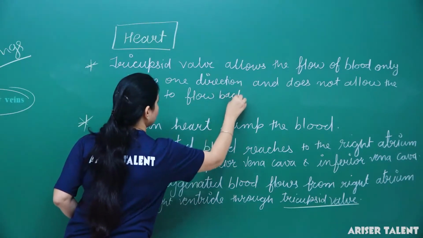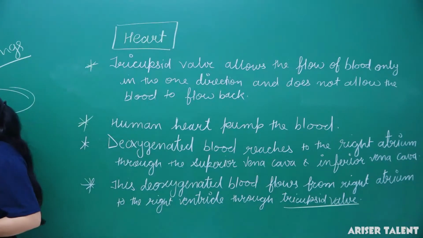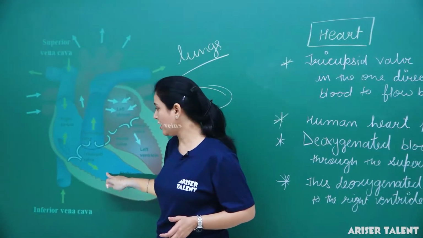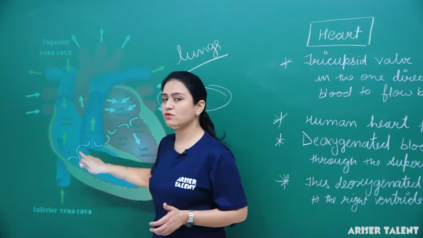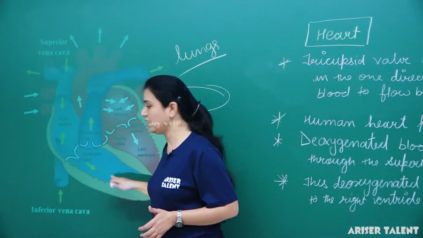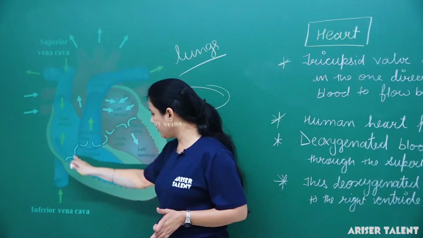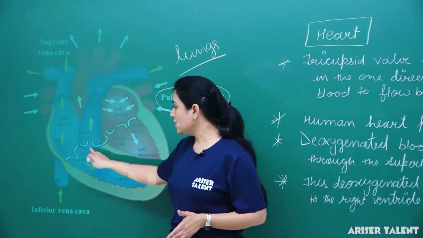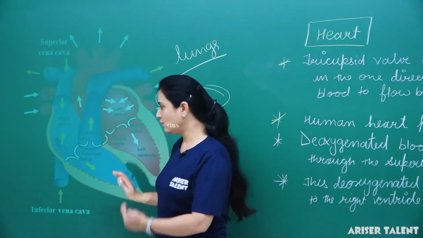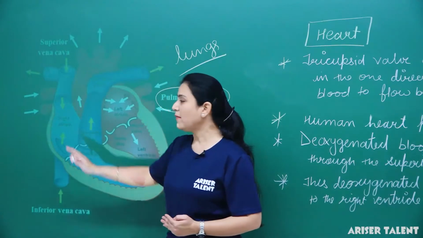Clear? Let me explain again: here we can see the valve is opening in the downwards direction. So this valve allows the flow of blood only in one direction, from the right atrium to the right ventricle. This valve does not allow the flow of blood in the backward direction.